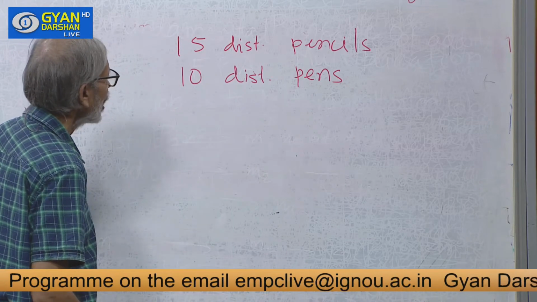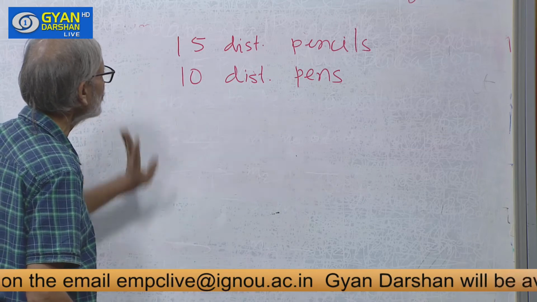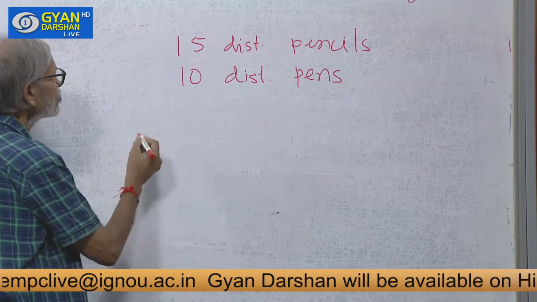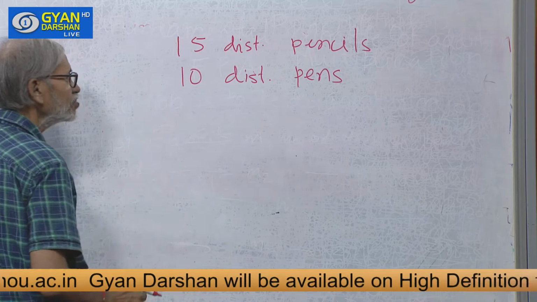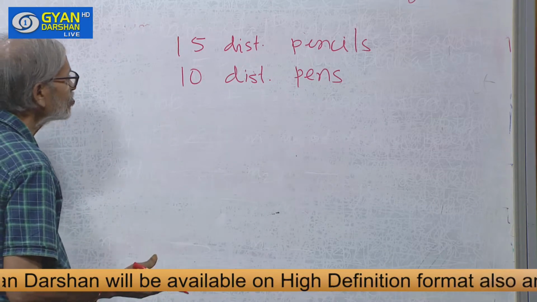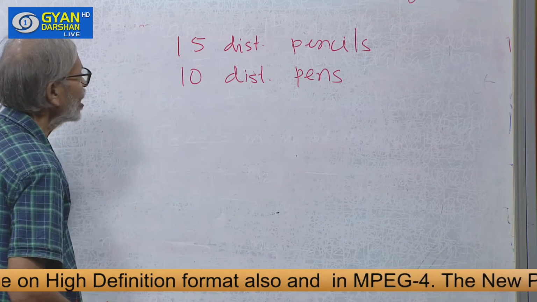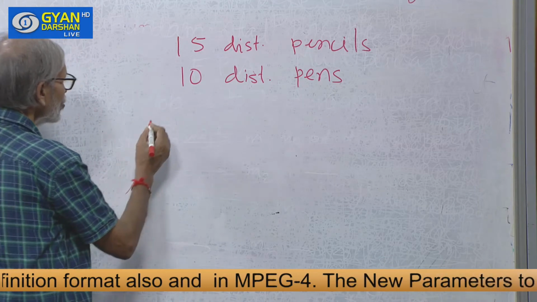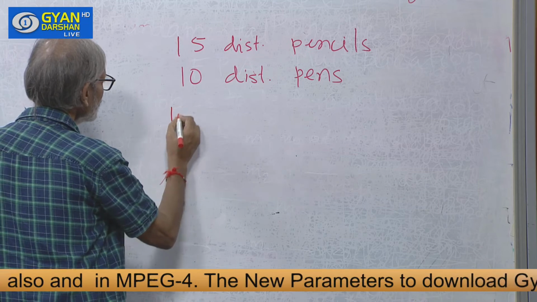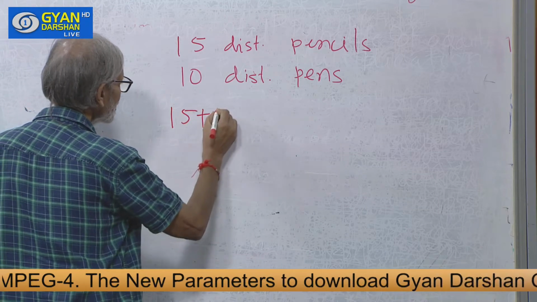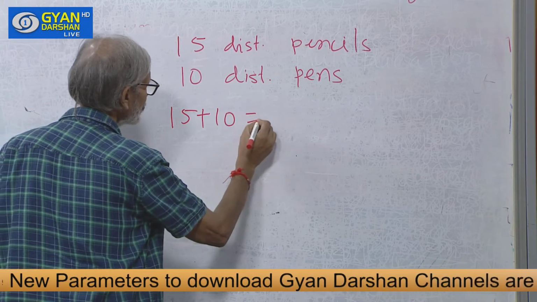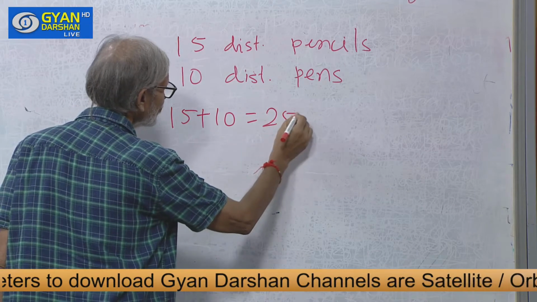Out of these you have to select one, either a pen or a pencil. You are just going to buy one thing out of these 25 options. So, this will be equal to 15 plus 10 is equal to 25.